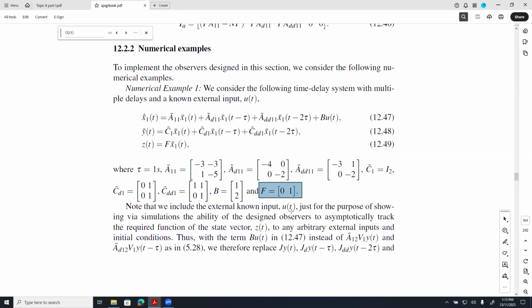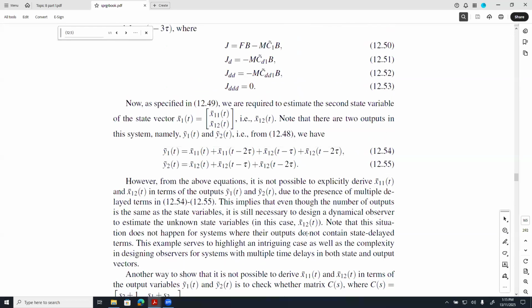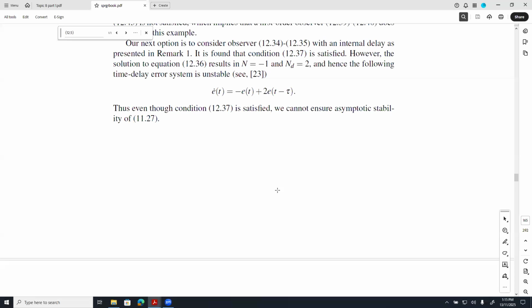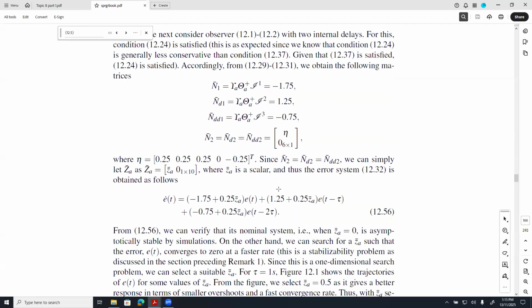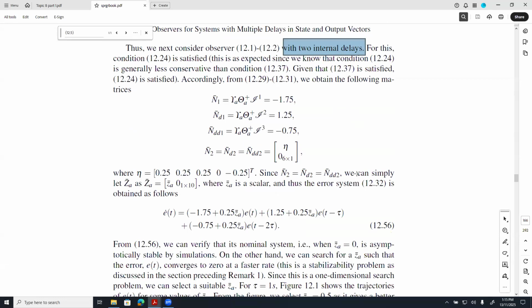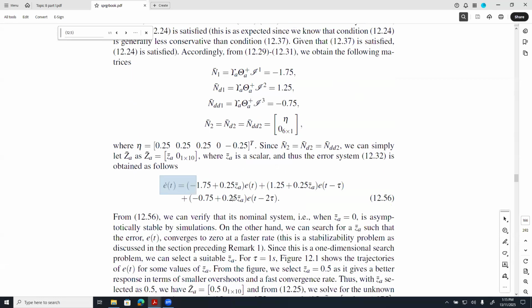So we could not find a first order observer with an internal delay, and it is unstable here. Whereas when we employ an observer with multiple internal delays, in other words, with two internal delays, we manage to stabilize the error dynamics equation.